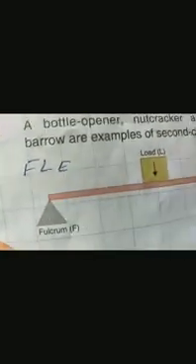Now, based on this, there are 3 types of lever. First class lever, you write the formula LFE, load, fulcrum and effort, and make this diagram. For second class, remember this formula only, FLE. So, make this diagram from page number 93 and come to 94 for third class lever. So, this diagram you need to make.